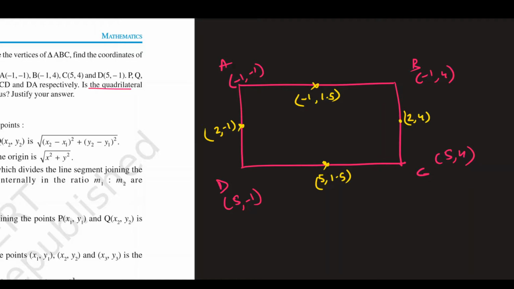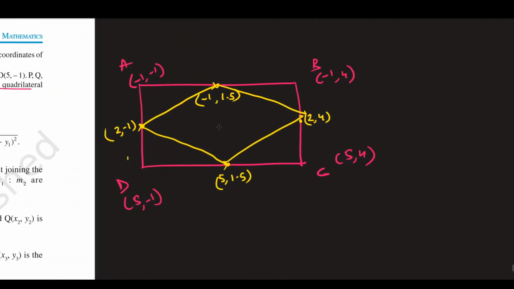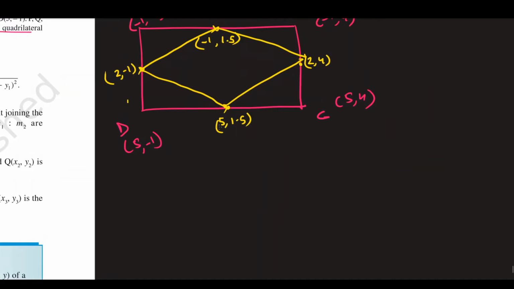Now join these and I am getting a feel of a rhombus. Now you have to just find this distance, this distance, this distance and this distance, and we know that this length is equal to this length and this length is equal to this length.